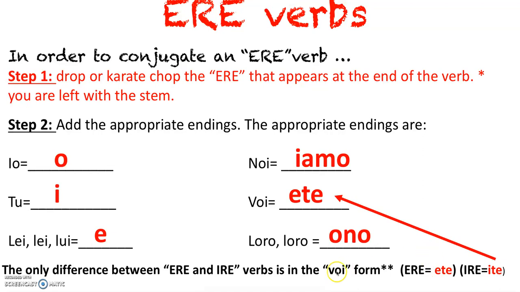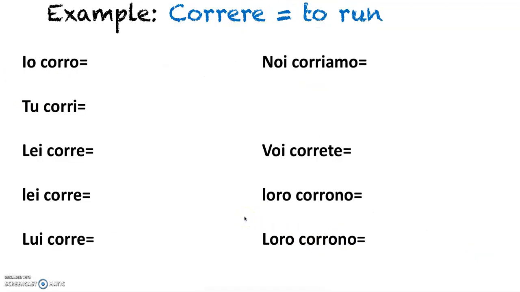Let's see how it looks when we conjugate a verb. Okay, so my example is correre, and that is to run. So we have io corro, because my io verbs end in O, and that means I run.